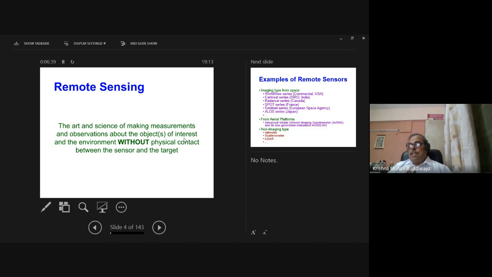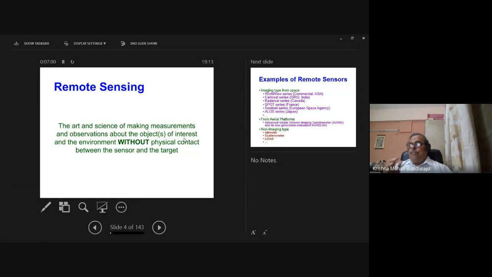So there is a lot of underlying physics and of course electronics involved. The key thing is that there is no physical contact between the sensor and the target.